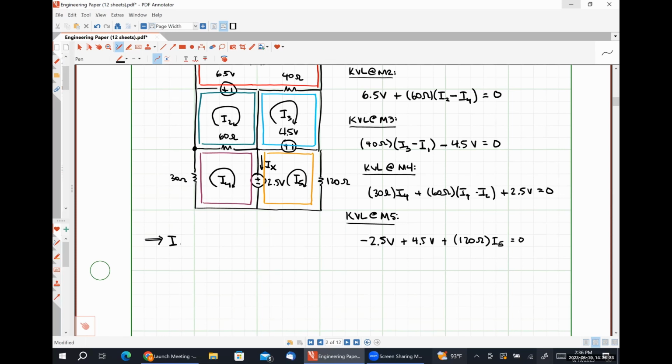How would I express this current IX in terms of those mesh currents, which is our ultimate goal in this problem? I4 minus I5. Absolutely right. So if you put this system into your computer equation solver of choice, which I highly prefer MathCAD mainly because I know how to use it, you would be able to get the answer for this particular homework problem.